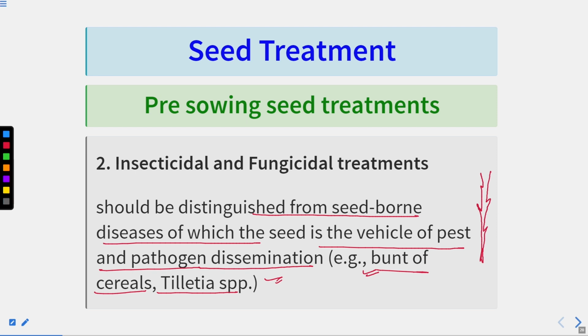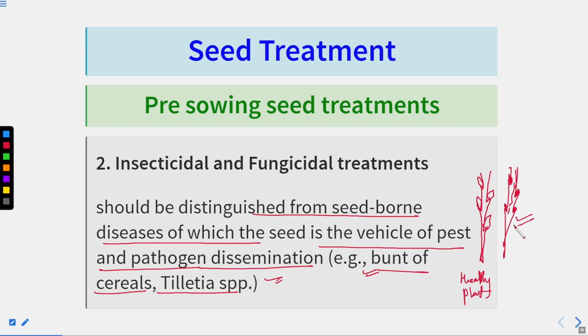Seeds in a healthy plant look like this. These are the healthy ones. But with bunt disease, you can see a black charcoal deposition like this.